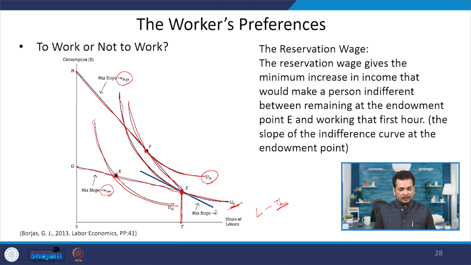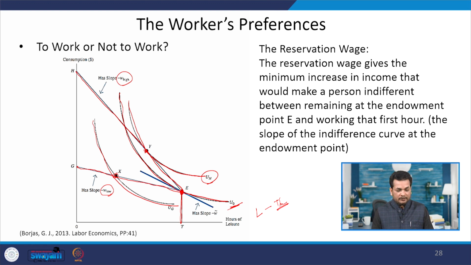So, if we compare Y and E, definitely the worker is better off operating at point Y. So, the question here is what makes the worker move towards the labor market from his endowment point.